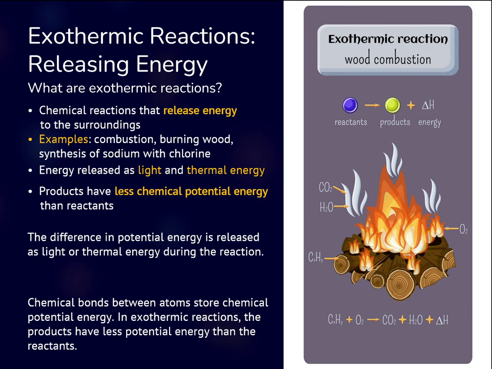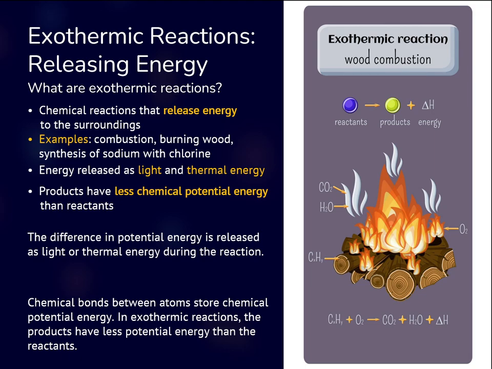An exothermic reaction is a chemical reaction that releases energy, usually in the form of light or heat. This energy is released into the surroundings. In these reactions, the products have less chemical potential energy than the reactants. That energy difference is given off during the reaction.